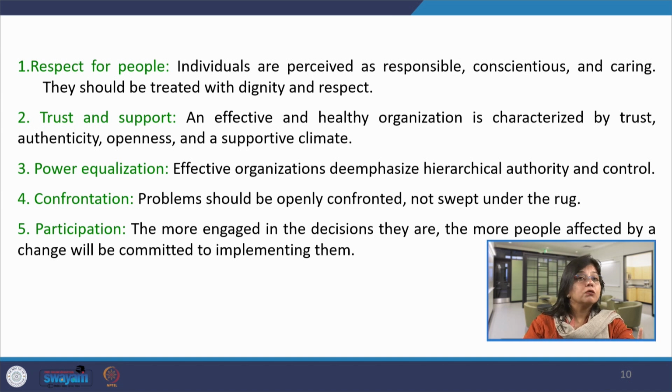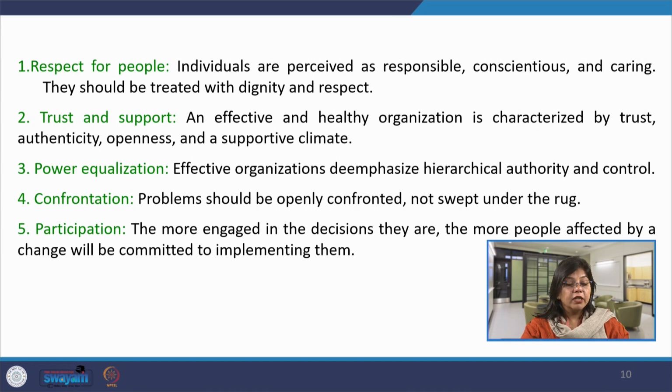So, this is also a change that is required to transform organizations into trustworthy or authentic organizations based on authentic leadership. The other is power equalization. Effective organizations de-emphasize hierarchical authority and control. So, it is about more participation, more collaboration rather than focusing on hierarchical authority and control. This is about power equalization, that all employees are equal, there is no hierarchy.